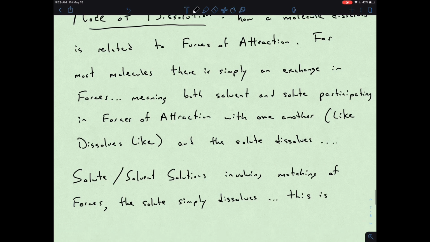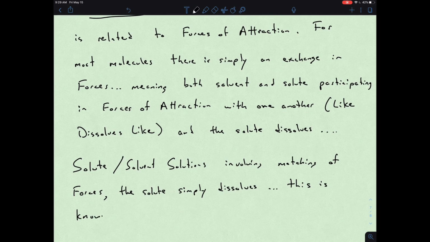This is known as a non-electrolytic solution.